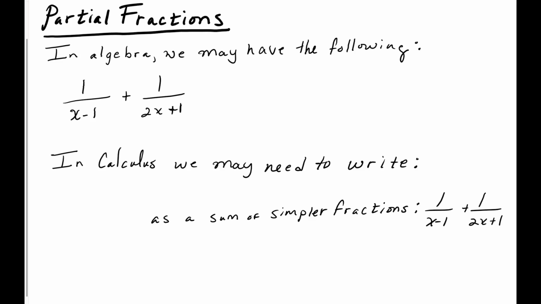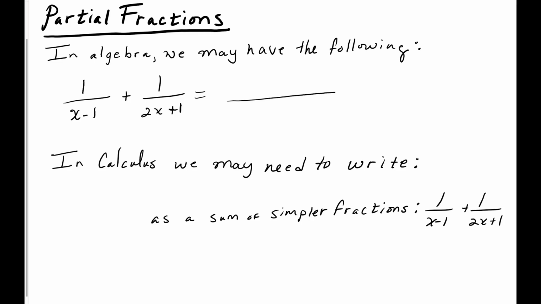So in algebra, we may have something that looks like the following: 1 over x minus 1 plus 1 over 2x plus 1. So basically, if you think about it, take yourself back to elementary school for a second. We are adding fractions, and in order to add fractions, we need a common denominator.